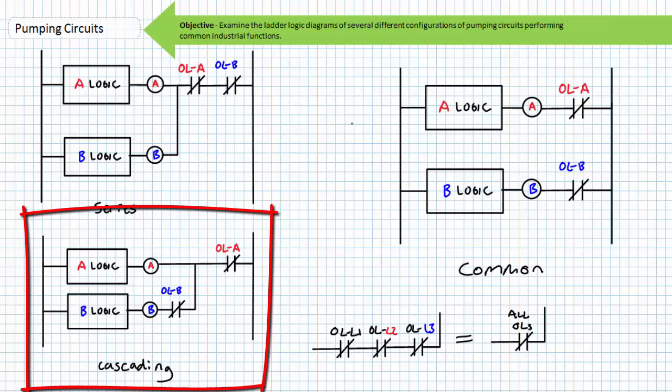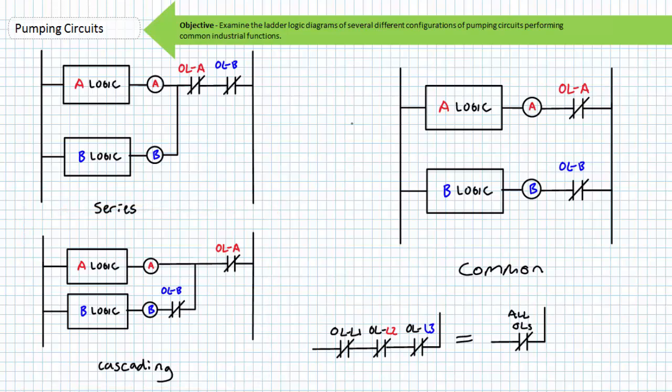Finally, consider contactor coil A and contactor coil B and the switch logic that governs their operation on 2 different rungs. However, the overload protecting motor A is placed after the overload governing motor B. This is called a cascading arrangement. If motor B went into overload, motor A could continue to function. However, if motor A went into overload, both motor A and motor B contactor coils would be de-energized.